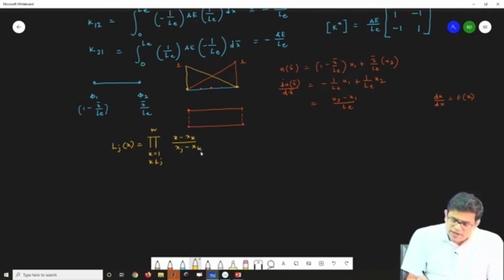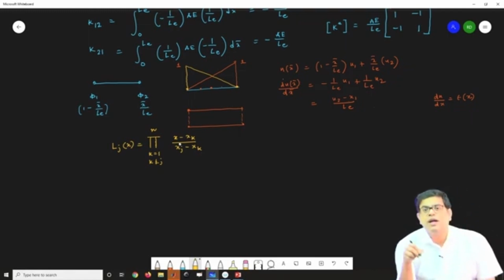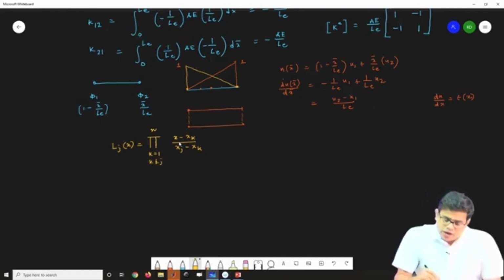If k equals j, this polynomial is undefined. Here it is assumed that all the xj's are distinct, so no two are the same.